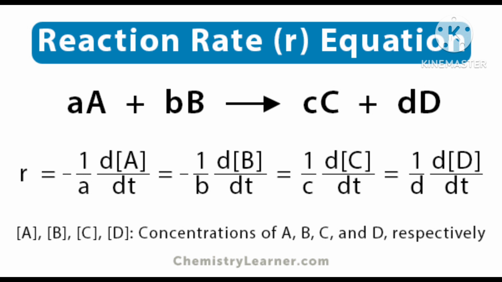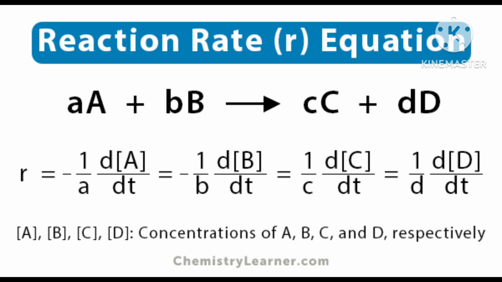Correct? Then how will you come to know the rate of the reaction? By the change of concentration with time. In that way you can understand the rate of reaction.